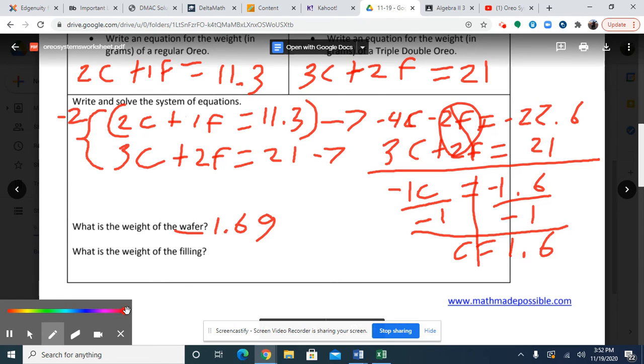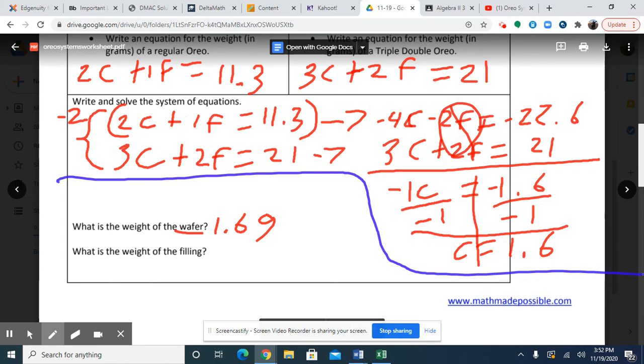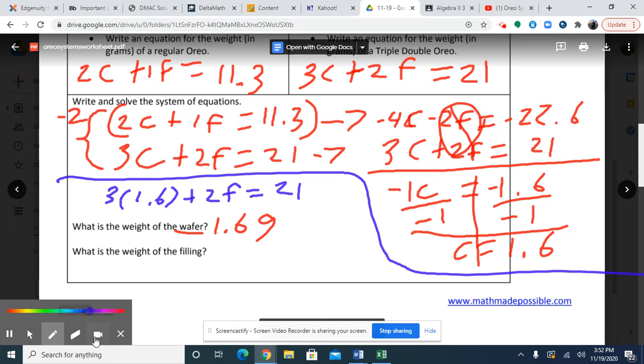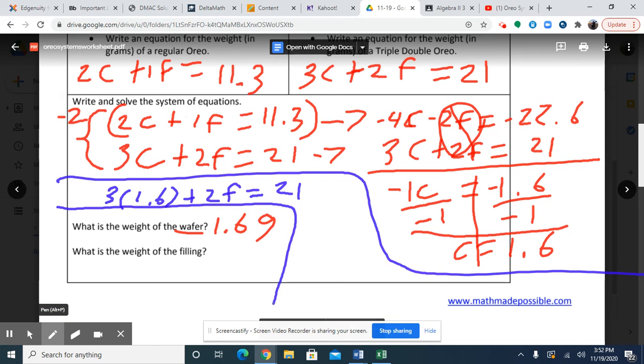Now that we know one of the variables, we can easily find the other one by plugging in. I'm going to do this in a different color so we don't get confused. We know the weight of a cookie is 1.6. So now let's find the weight of the filling. If we multiply 3 times 1.6, that gives us 4.8, plus 2F is equal to 21.